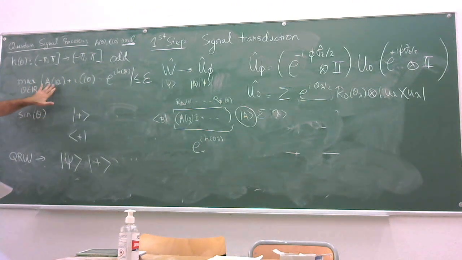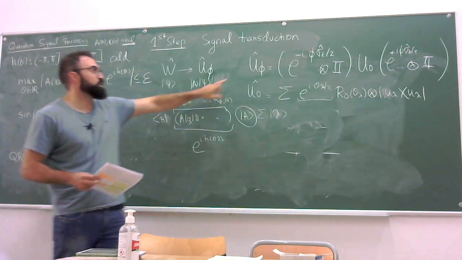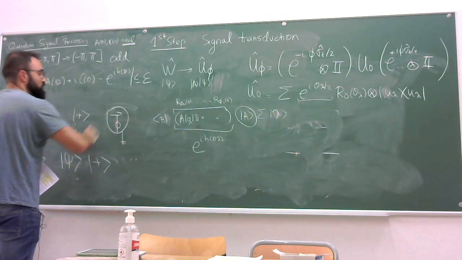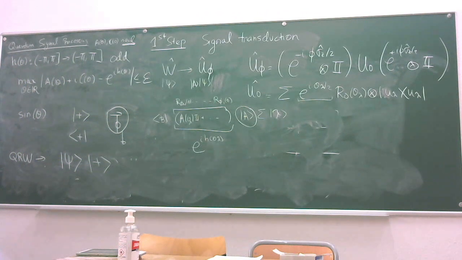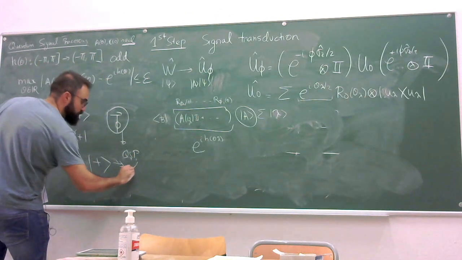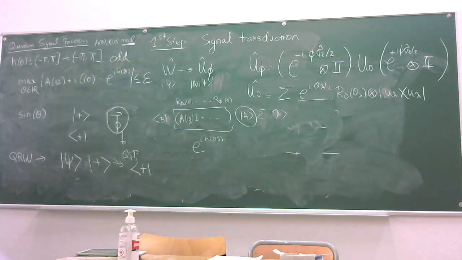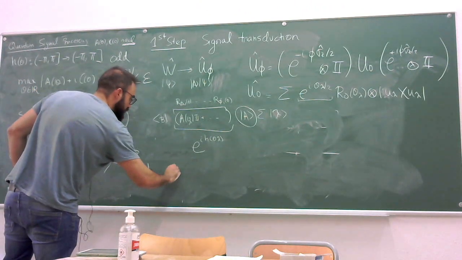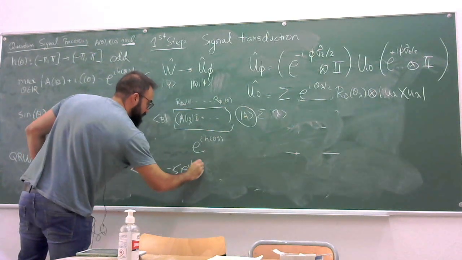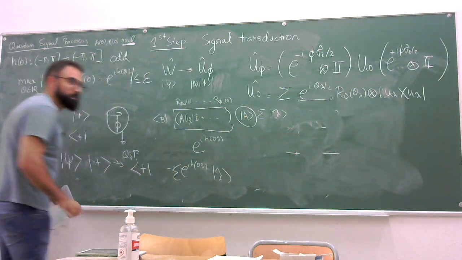And to implement A of theta and C of theta, we have a sequence of rotations, and these rotations are defined by the axis, and the axis is defined by this vector of phi. So I can efficiently find this vector of rotations. And I can implement the quantum signal processing and then project into the plus state. So in the end, I'm going to have a transformation which is this one.